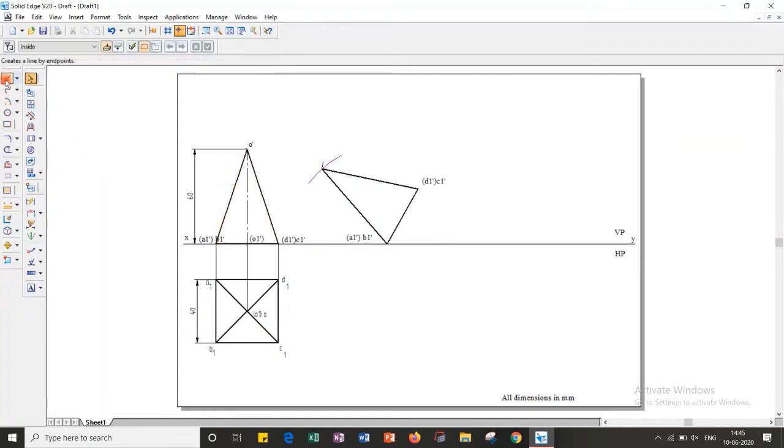Indicate the axis line also. The axis line should be thin. After this, project vertical lines from every corner.